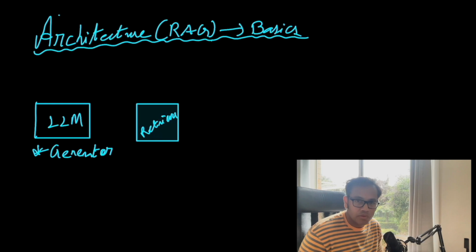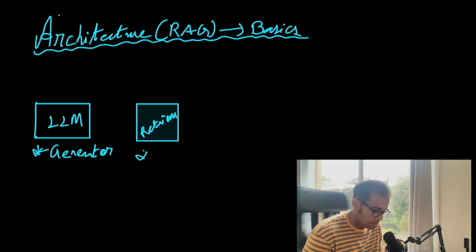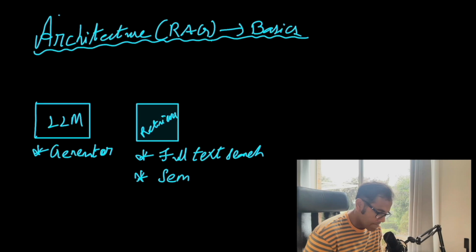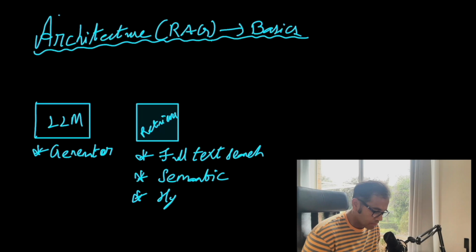As I discussed before, retrieval systems have a great history. It's not something new, but there are multiple ways it can be done. The two major ways retrievers are designed are full text search, a full text retriever, and the second is a semantic retriever. And then there is another type called hybrid, which is a blend of these two.